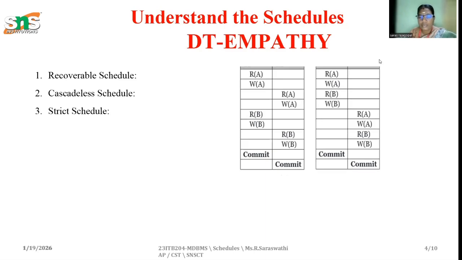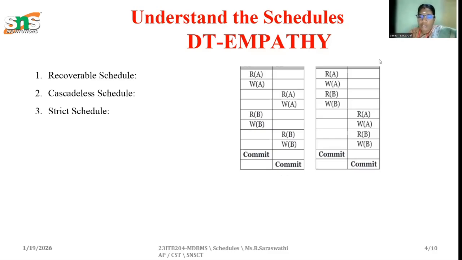After that, read of A and write of A are applied for the other transaction. Again, read of B and write of B are completed, and then read of B and write of B are completed for the other transaction. When the process is completed, it means commit. T2 also commits.